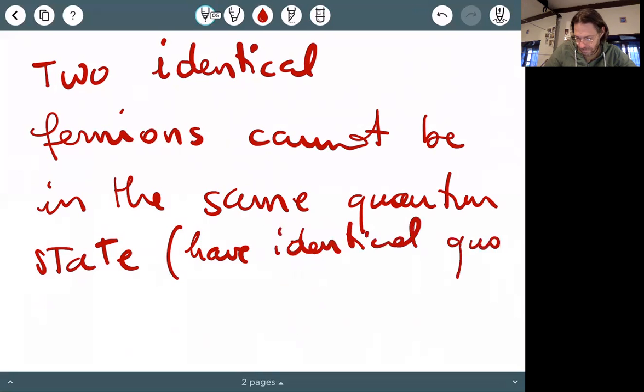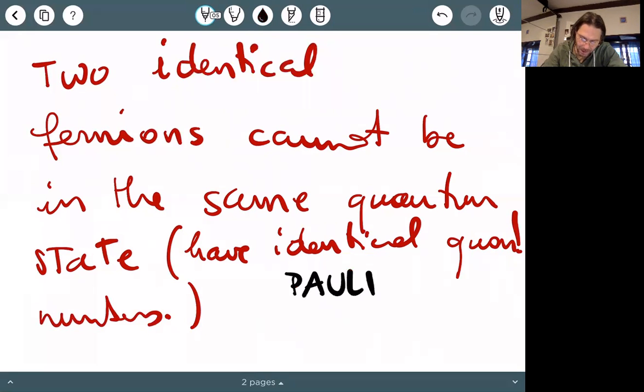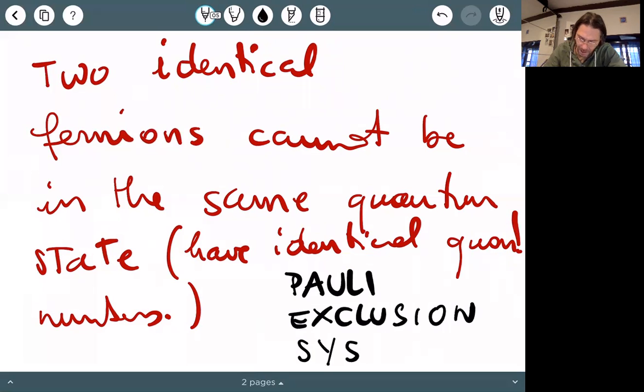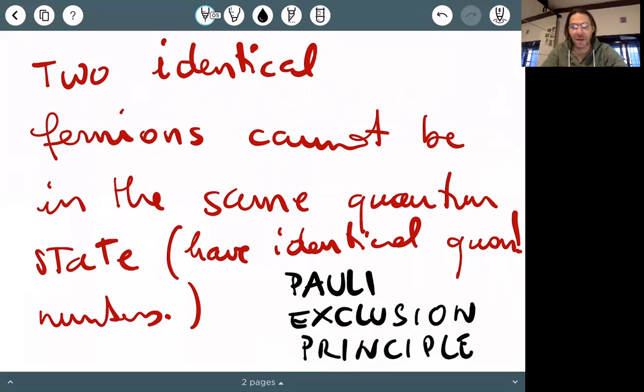This fundamental property of fermions is called the Pauli exclusion principle. It's called a principle because it was postulated before it was demonstrated.